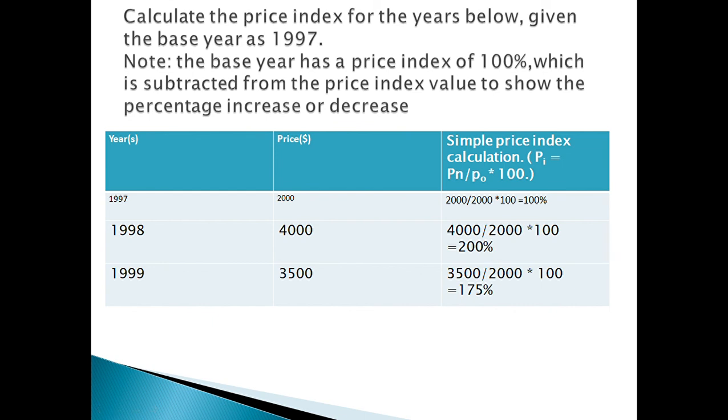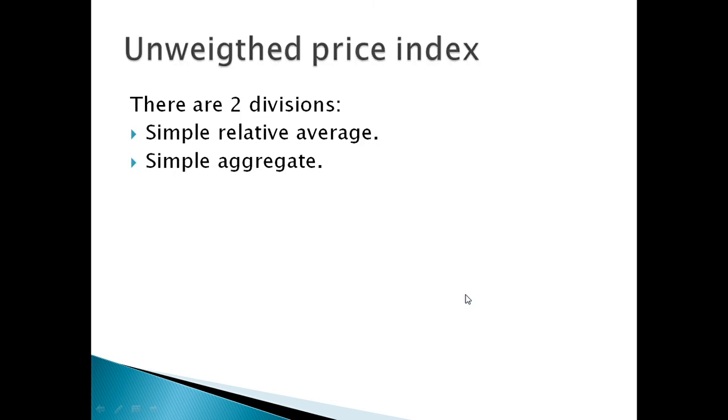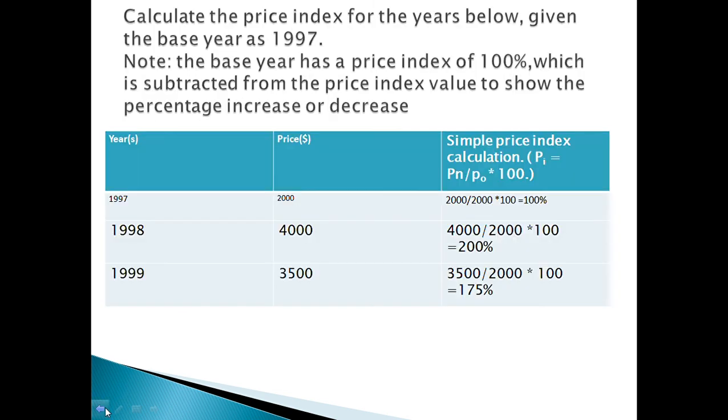Then for 1999, our percentage output is 175, and when we take away 100% from it, we are left with 75%. So to interpret this, we say the price change from 1997 to 1999 increased by 75%.